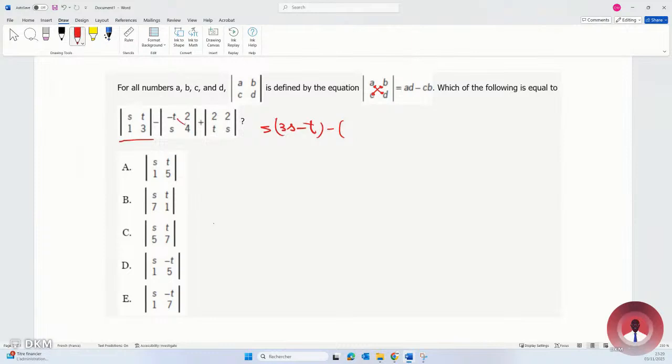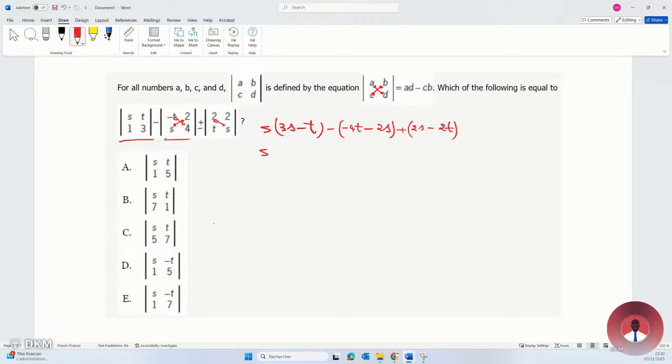So this and this is going to give us minus 4t, and this is going to give us minus 2s. And then we have the plus sign here, so plus 2s minus 2t.